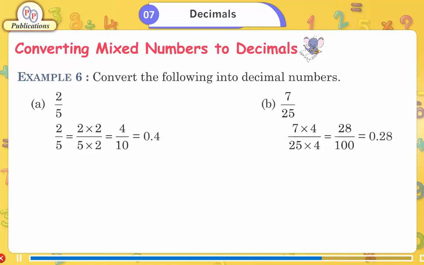A. 2 upon 5 is equal to 2 into 2 upon 5 into 2, which is 4 upon 10, which is 0.4. B. 7 upon 25 is equal to 7 into 4 upon 25 into 4, which is 28 upon 100, which is 0.28.